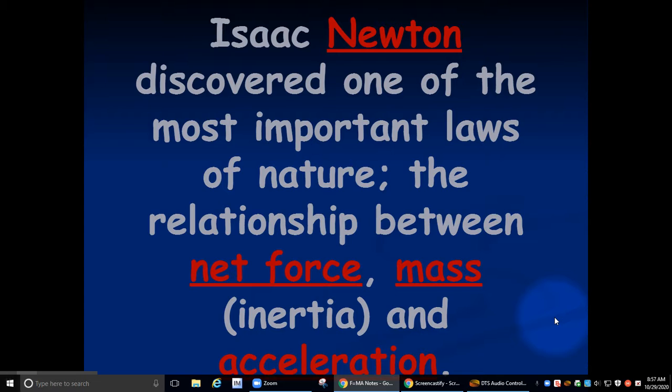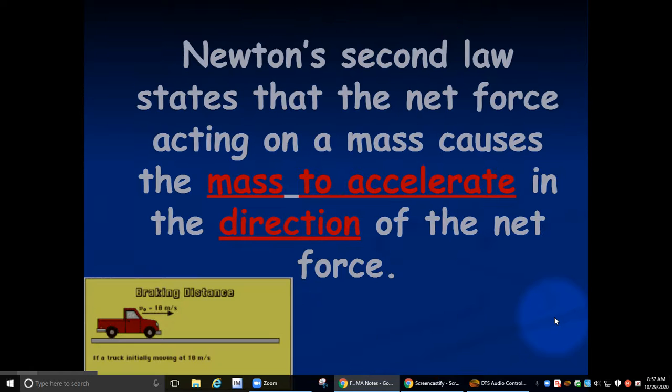Isaac Newton was the man that came up with his second law of motion that we'll talk more specifically about later on. Basically, what that law says is that the force that an object applies is equal to its mass multiplied by its acceleration.